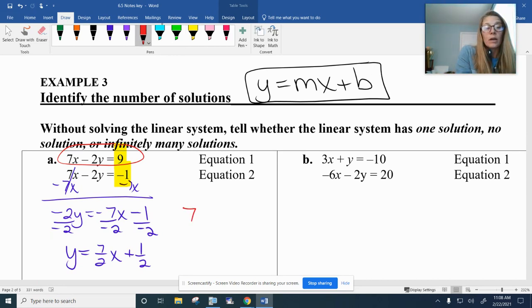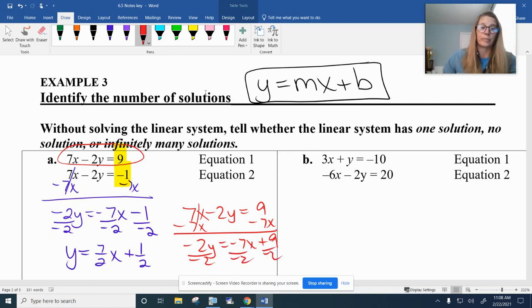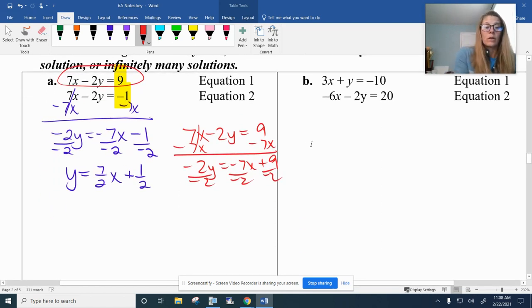If I have 7x minus 2y equals 9, I move my 7x over. Negative 2y equals negative 7x plus 9. Divide by negative 2. I end up with y equals 7 over 2x minus 9 over 2. So notice what happened.